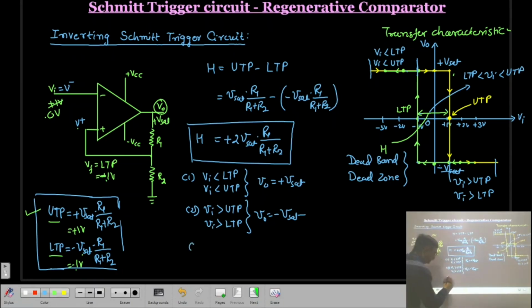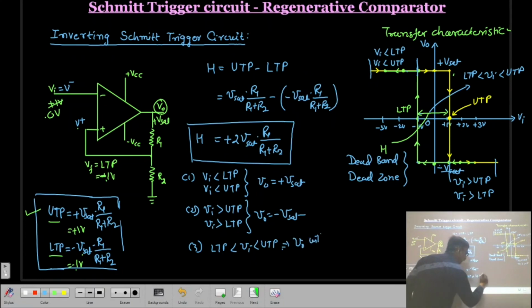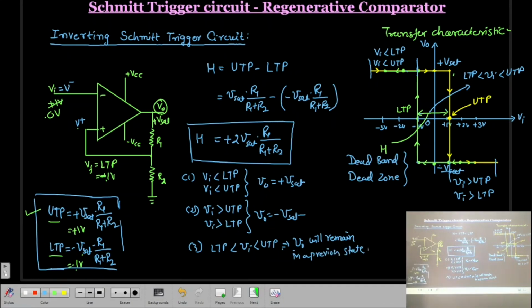So the third thing you have to remember: if the input voltage is between the LTP and the UTP, the output voltage will remain in the previous state. There will not be a change in the output. Correct? So this is the working of a Schmitt trigger circuit.